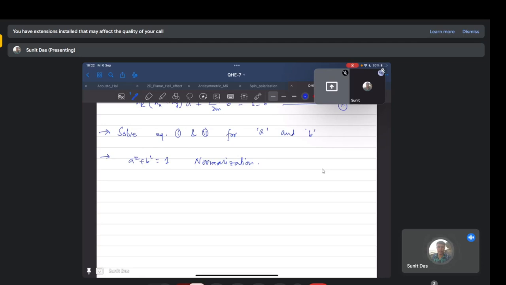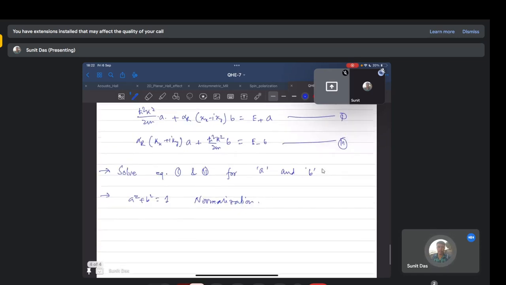So the wave functions are going to be straightforward. You can easily evaluate that by doing these two processes. You just need to solve for a and b, and while solving, we will impose the constraint that a square plus b square equal to 1, just to have a normalized wave function.